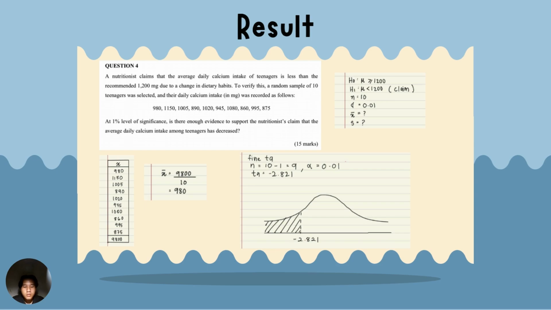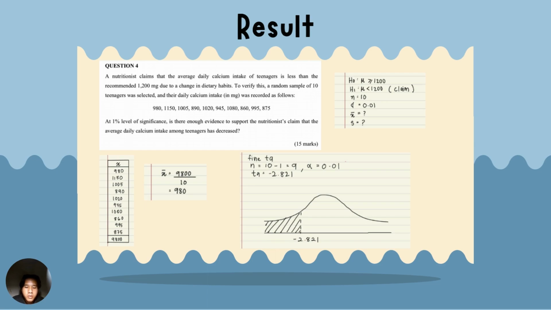So from this, we take H1 as mu less than 1,200, which is what is claimed in the question. Then H0 is mu bigger than or equal to 1,200. The n is 10. The alpha is 1%, so 0.01.